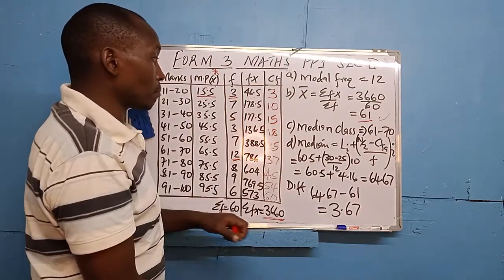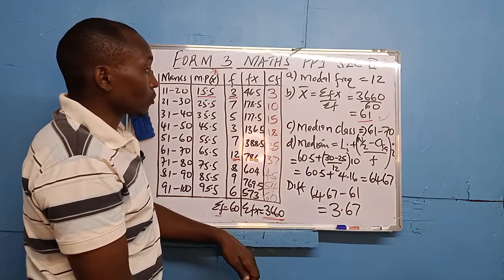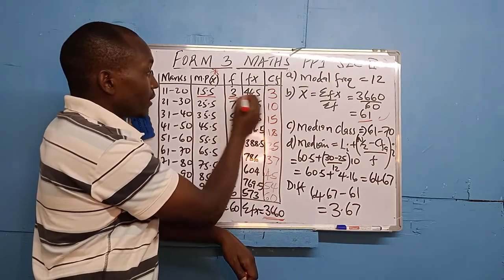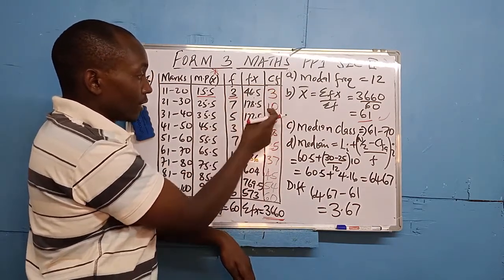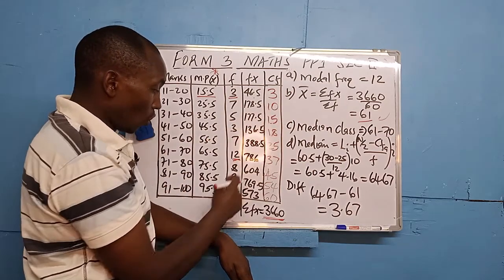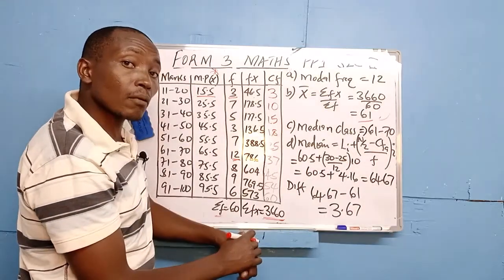Then working out the median class, the class in which the median lies. So you need to work out what we call the cumulative frequency. The 3 plus 0 is 3. Then 3 plus 7, 10, 10 plus 5, 15, 15 plus 3, 18, all the way to the last one. So how do I know the median class?